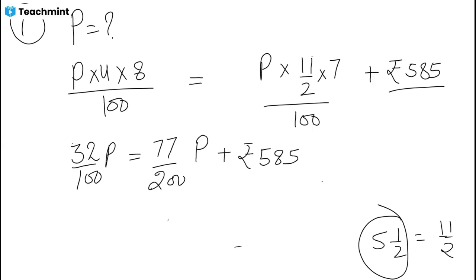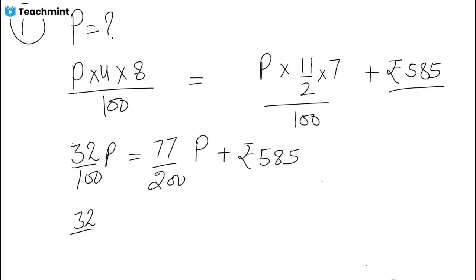Let us take the unknown values on the left side to simplify. So 32 over 100 into P minus 77 over 200 into P is equal to rupees 585.